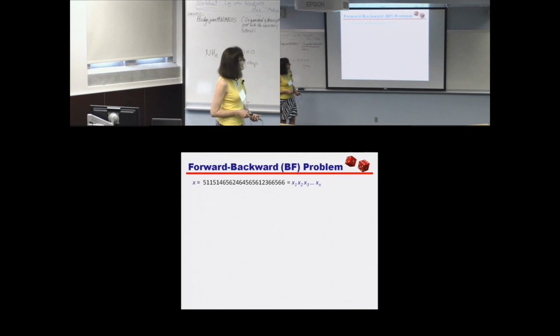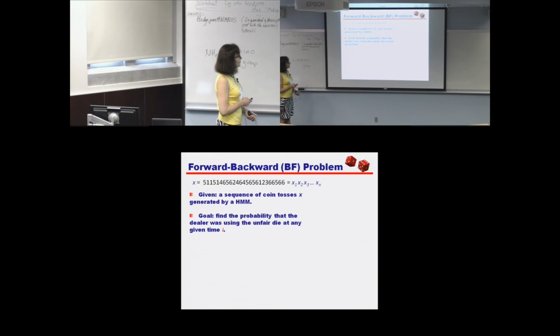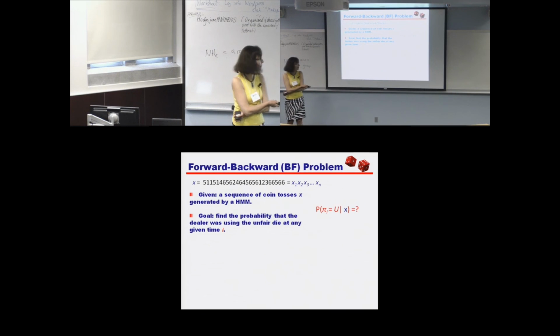Okay, so another neat way to decode things, especially when you're switching between two states, is the forward-backward algorithm, which is another dynamic programming algorithm. I'm not going into it, but I'll show you an output. What it does is find the probability that the dealer was using the unfair die at any given time i. So the probabilities we compute here are different.